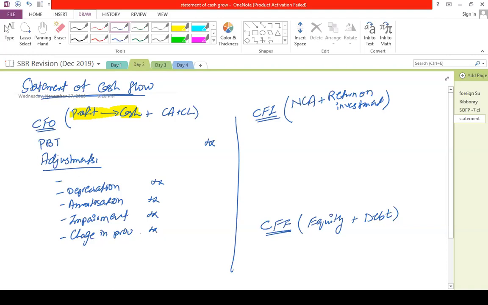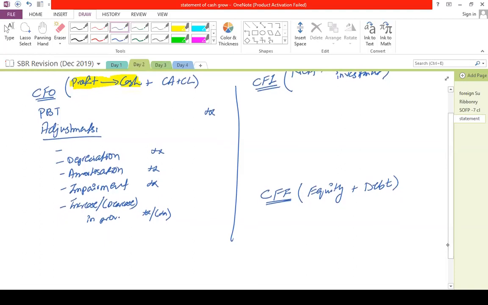So we also have to remove that, which we can say increase or decrease in provision. Decrease is an income, increase is an expense. So we are going to add back the increase and we are going to deduct the decrease in the adjustments to get converted into the cash flow from operating activities.